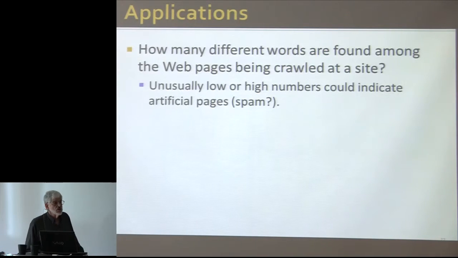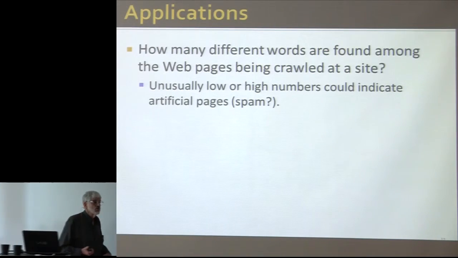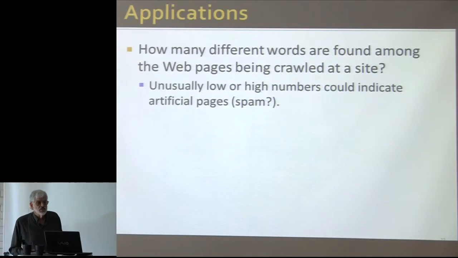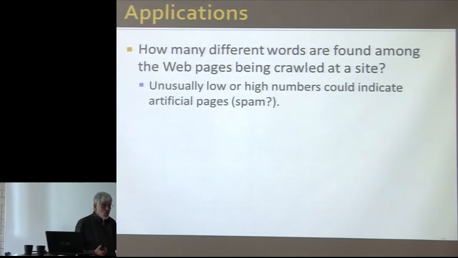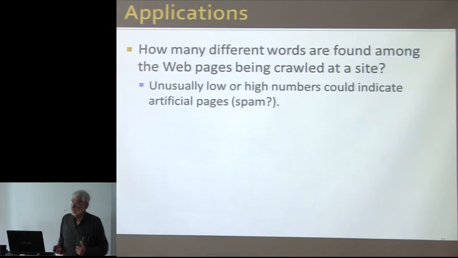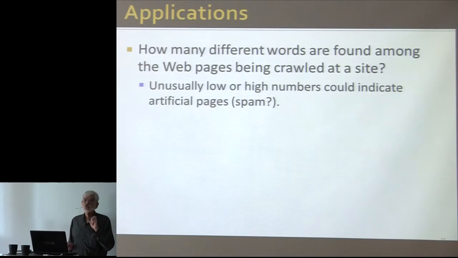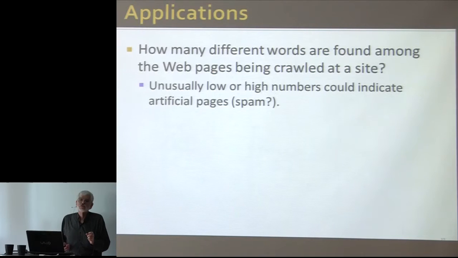Or another way is to produce random words and fill up your pages with them. If you do that, you're going to get a lot more different words on that site than you would normally expect. So as we're crawling a site, we might want to count the number of distinct words just to see, is this a spam site or not?